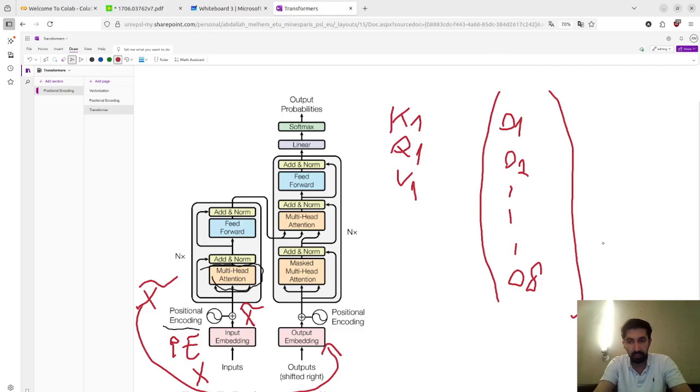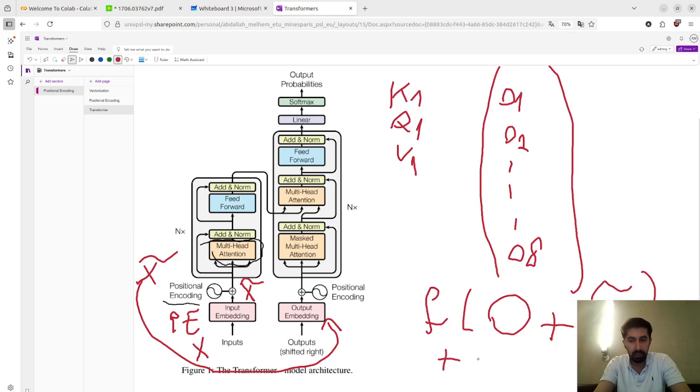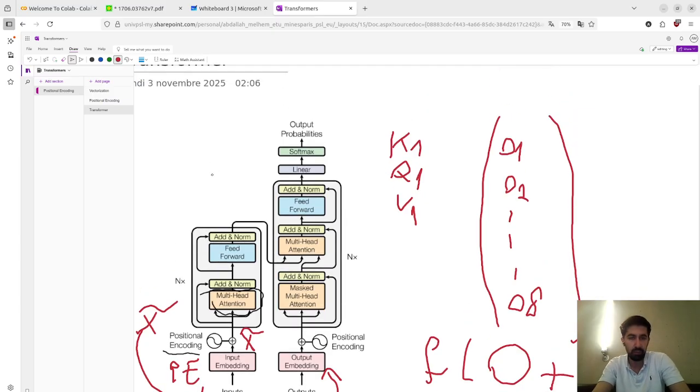And then we concatenate them to get our output matrix O. And then we add and normalize, so we add x bar to O. We pass it through a feed-forward network, so we do f of O plus x bar. Then we add and normalize again. When I'm saying normalizing, we're subtracting the mean and dividing by the standard deviation.